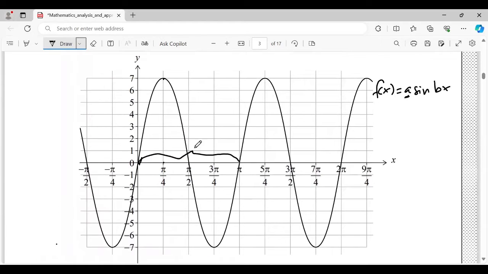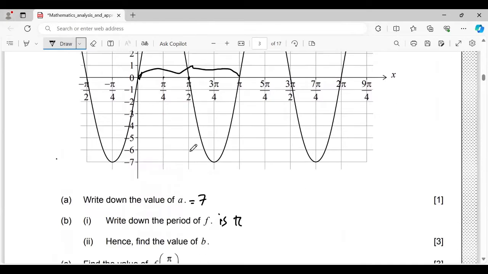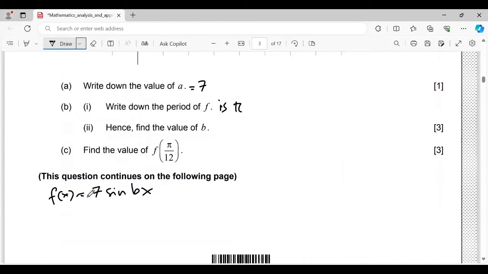On this point, 7 sine bx equals 0. So 7 sine of b times pi over 2 equals 0. And sine pi is 0.